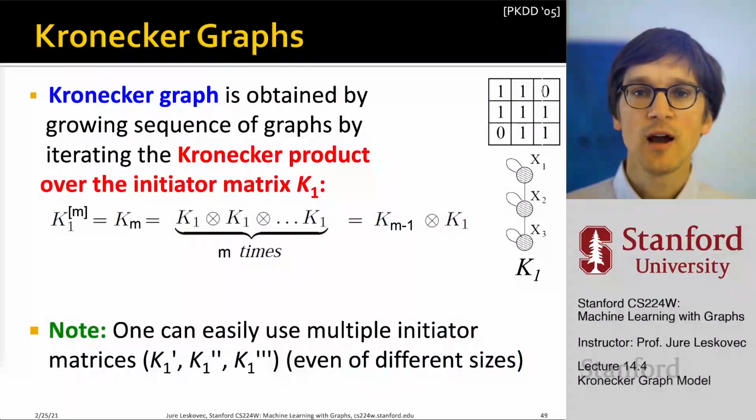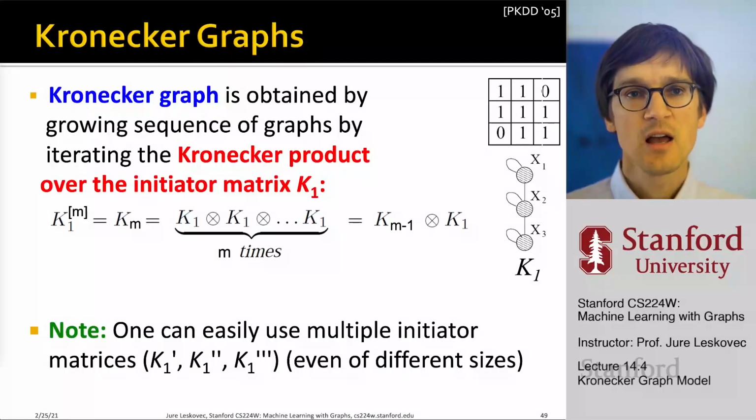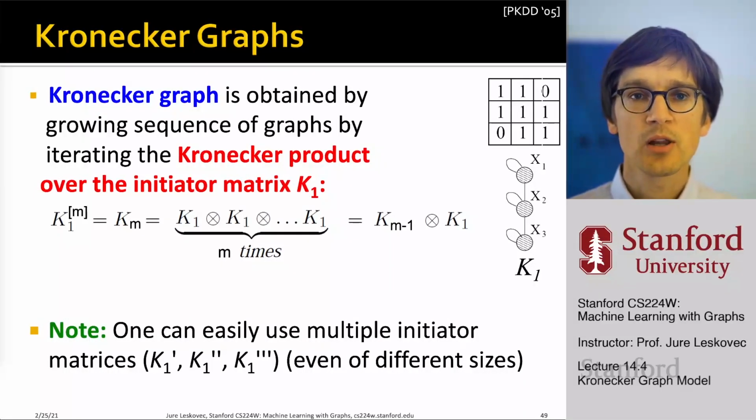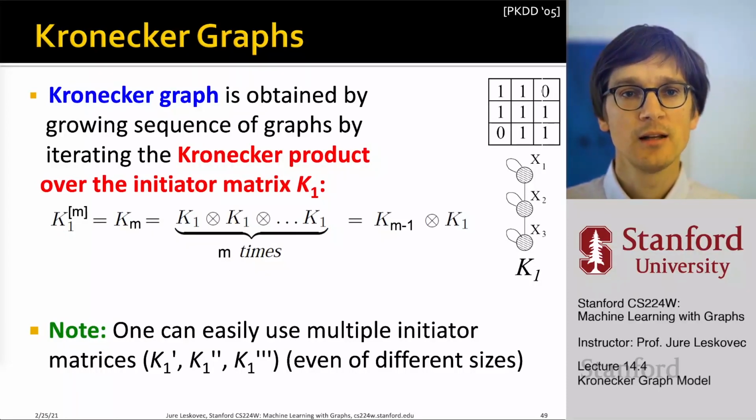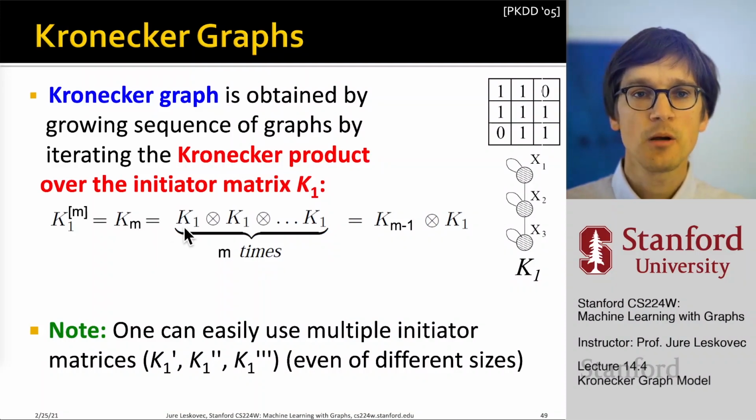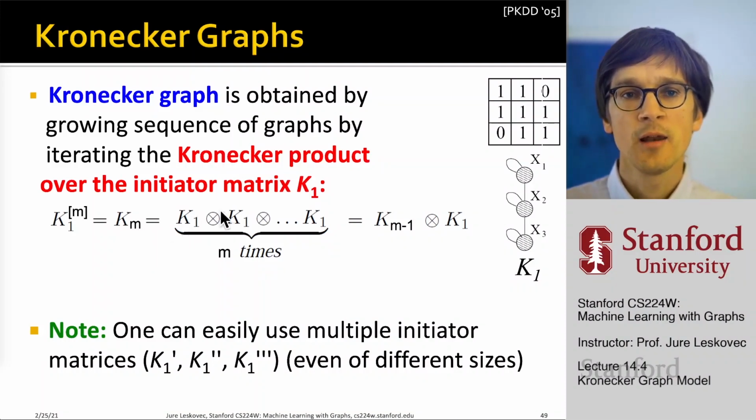How are we going to define Kronecker graphs? A Kronecker graph is obtained by a growing sequence of graphs by iterating Kronecker product over this initiator matrix K1. So if I want to get the kth Kronecker graph K, I'll simply take my initiator matrix K1 and Kronecker multiply it with itself m times.